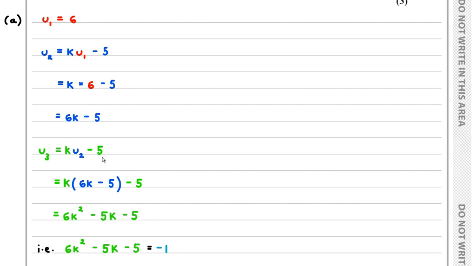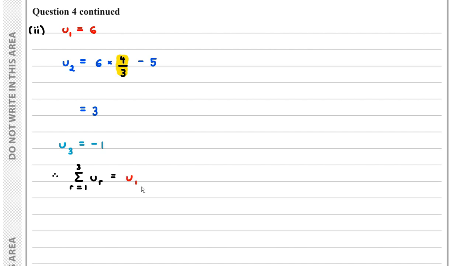So, knowing the value of k, we can now find what u2 is. u1 is equal to 6, u2 is equal to 6 multiplied by 4/3, subtract 5, which is equal to 3, and u3 is equal to -1. Therefore, the sum of u_r from r equals 1 to r equals 3 is equal to u1 plus u2 plus u3. So we have 6 plus 3 plus -1, which is 8.